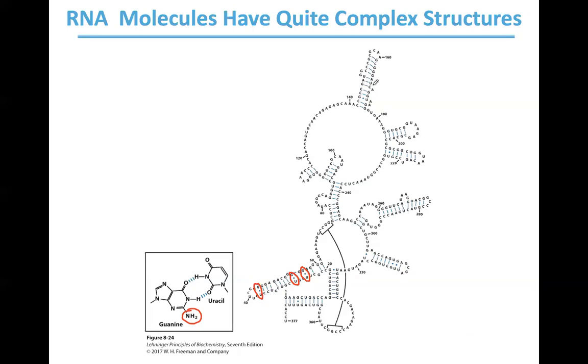But it turns out it's actually the geometrical preferences of these bases which make these double-stranded portions more stable. And once they click into place, then the hydrogen bonds form. So in other words, hydrogen bonds assist, but they're not the primary recognition factors, right? They play a role, but not the major role.